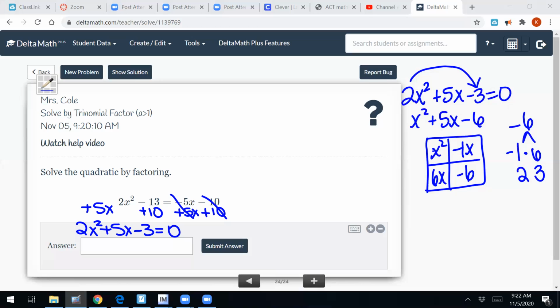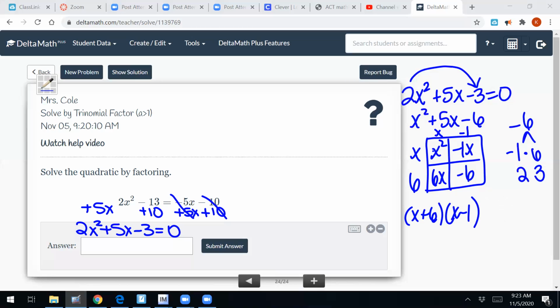Then we take out our greatest common factor, x. Does 6 need to be negative? No. X, negative 1 needs to be negative. I'm not ready to set it equal to 0. That's right.